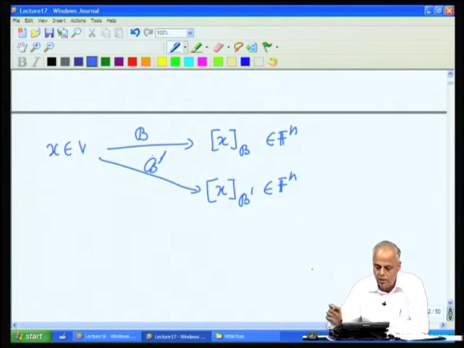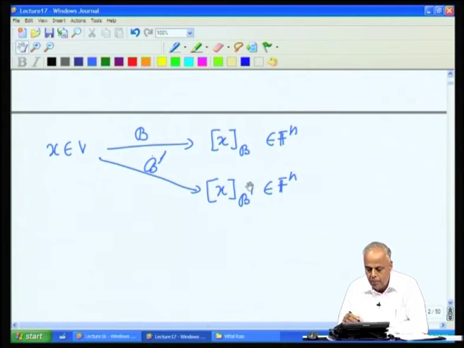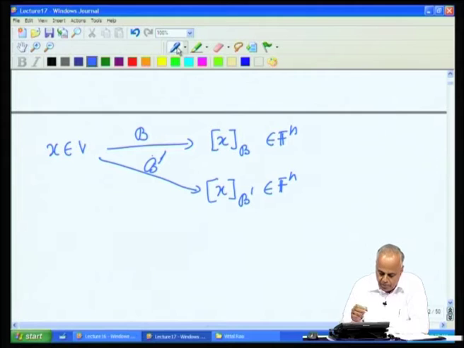If you now look at these two vectors xb and xb prime, these are two different vectors in Fn, but they have both emerged from the same original vector x in V, and therefore, we expect that since they represent the same vector, there must be some relationship between xb and xb prime.